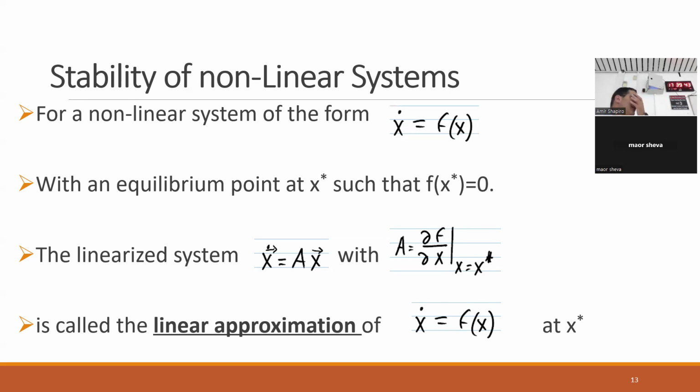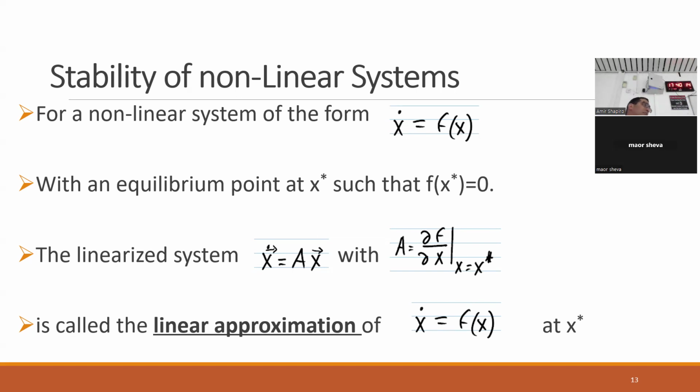So we can take the nonlinear system and linearize it. How do we linearize it? We define a new linear system, x dot equals Ax, where A is the derivative of f according to x. And this is a matrix because f is a vector and x is also a vector of the state space.